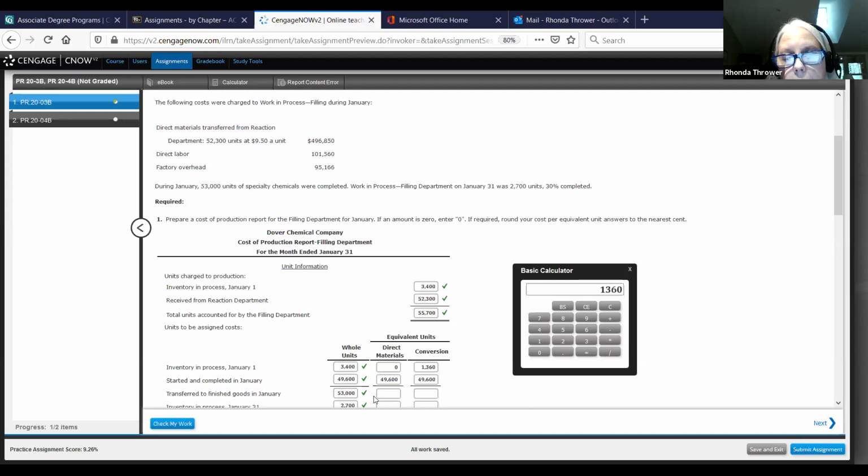And like we did a while ago, your beginning inventory units would be added to your started and completed units. For direct materials, you didn't have any beginning inventory, but you did have what you added and started and completed during this period of time. So the total amount that I will transfer of my direct materials equivalent units will be 49,600.